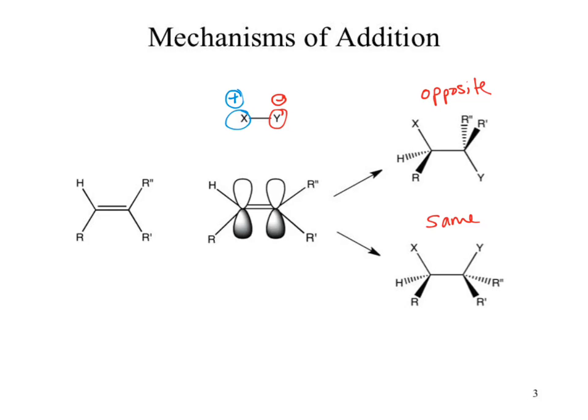While the X goes around the other side. So our pi bond's going to initially shift the electrons outwards. Okay? What's going to be the problem if those electrons come out of the structure? What are they going to start to push away? They're going to start to push away the Y, okay? Which means the Y can't come in at the exact same time. Okay? So what might allow it to come in at the same time?